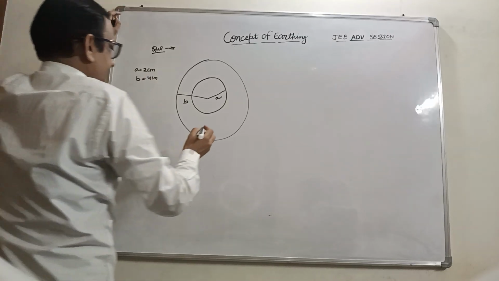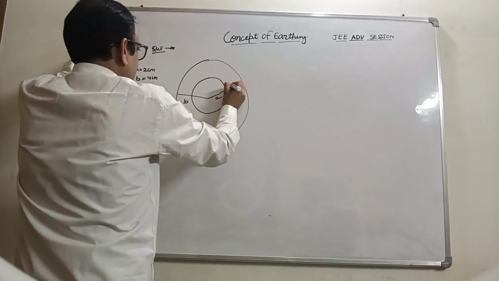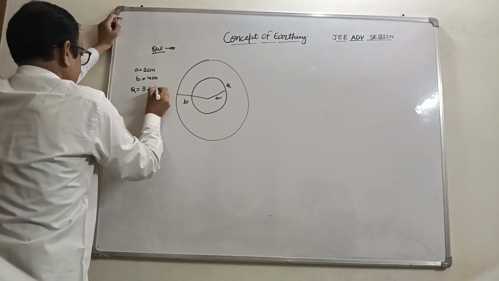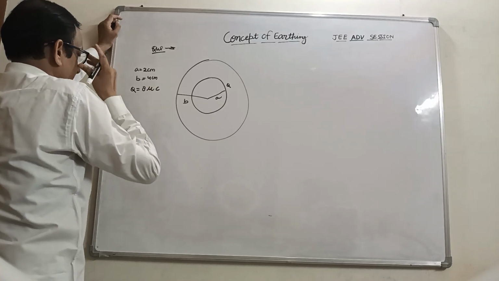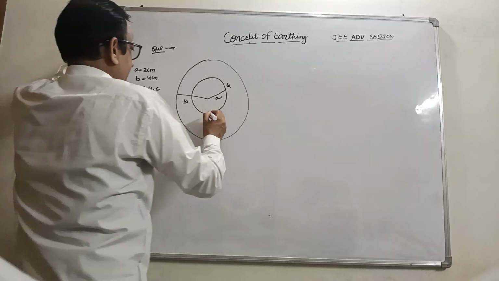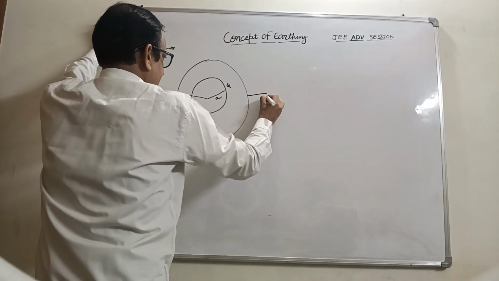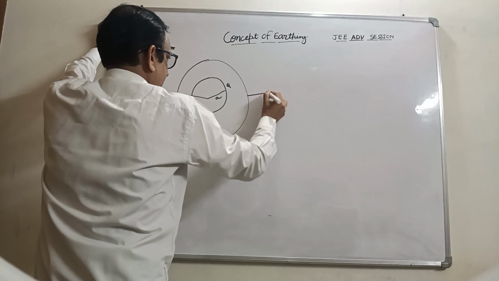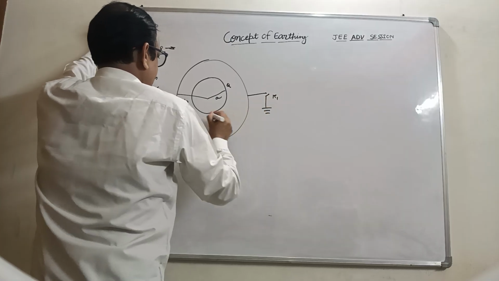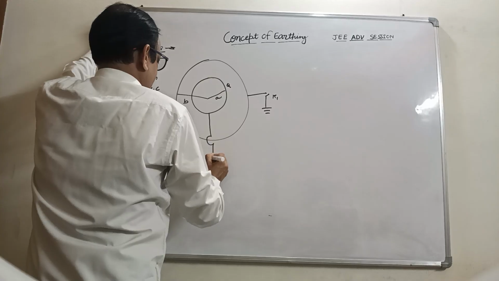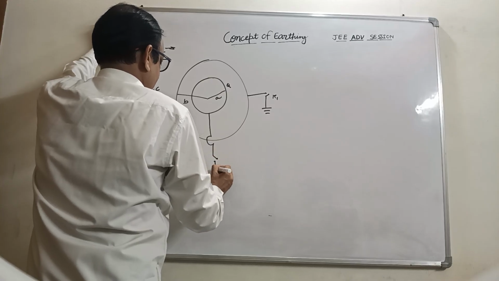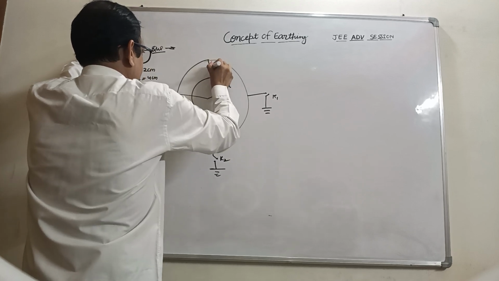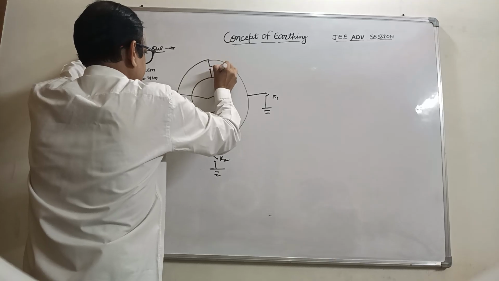A charge Q is placed here. The value of Q is 8 microcoulomb, and here there are keys: the K1 key, the K2 key, and the K3 key.